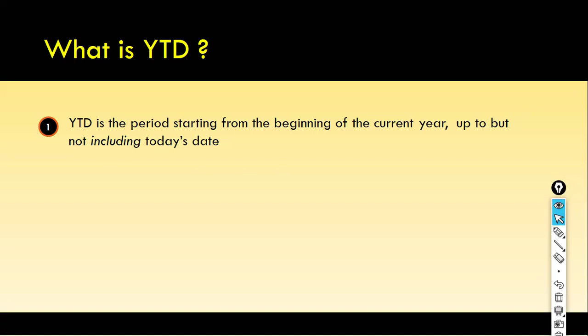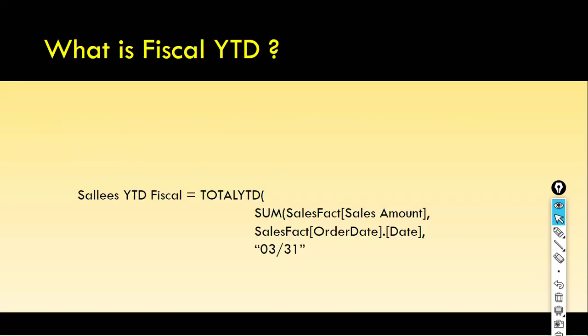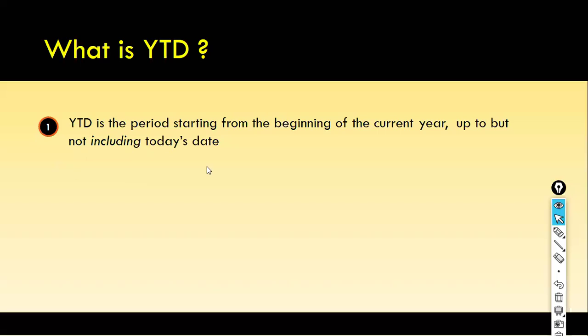The reason is today's sales is not yet over. Today's business is not over. Nowadays, businesses operate across time zones 24/7. Hence we don't consider today's date, so I mentioned up to, but not including, today's date.